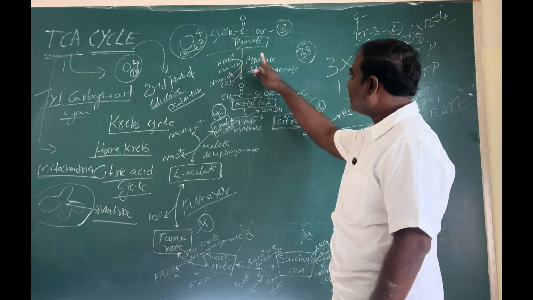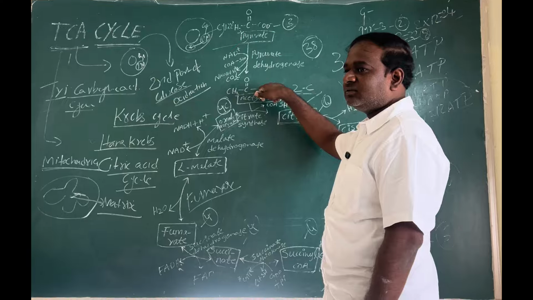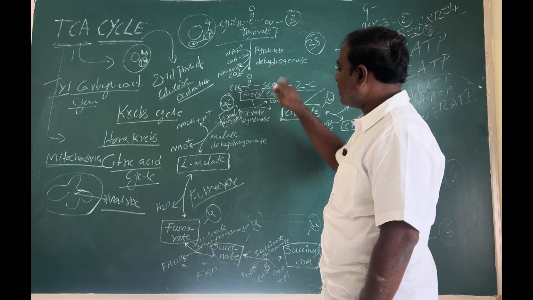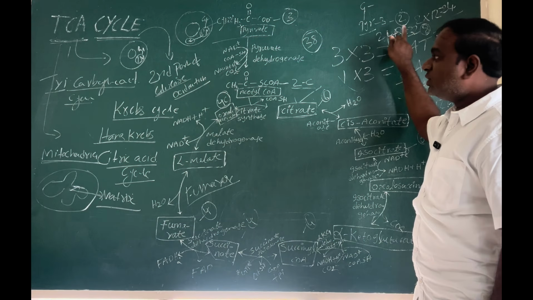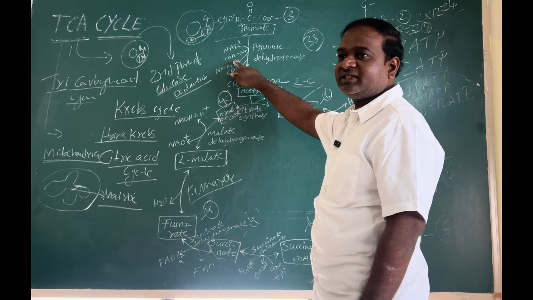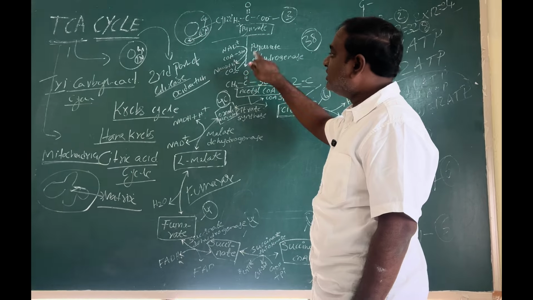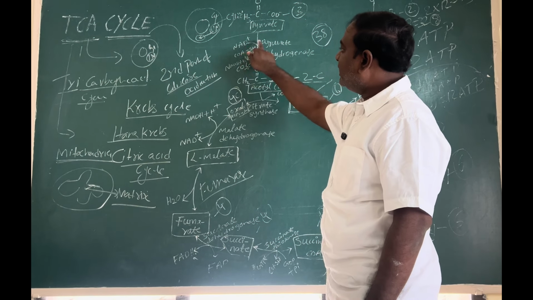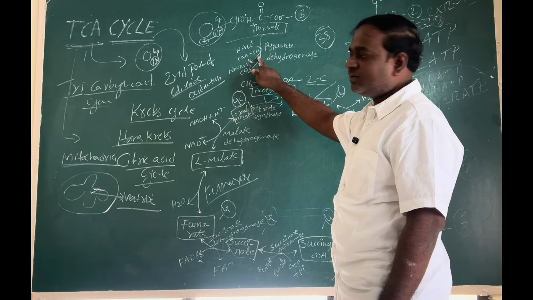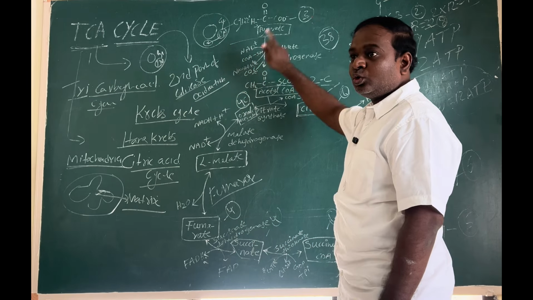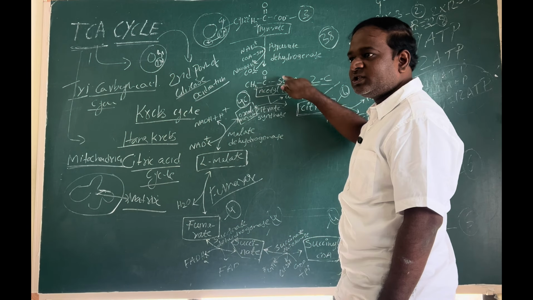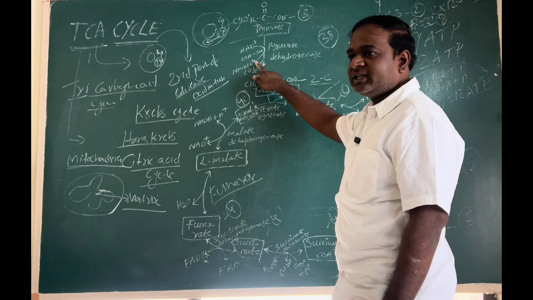That is from the connecting link. Here is pyruvate dehydrogenase. We have calculated the glycolysis one, but we have not calculated this NADH, which is the connecting link. This is also formed. NAD converts to NADH plus H. One pyruvate, one acetyl-CoA gives one NADH. Two pyruvates give two acetyl-CoA, means two NADH.